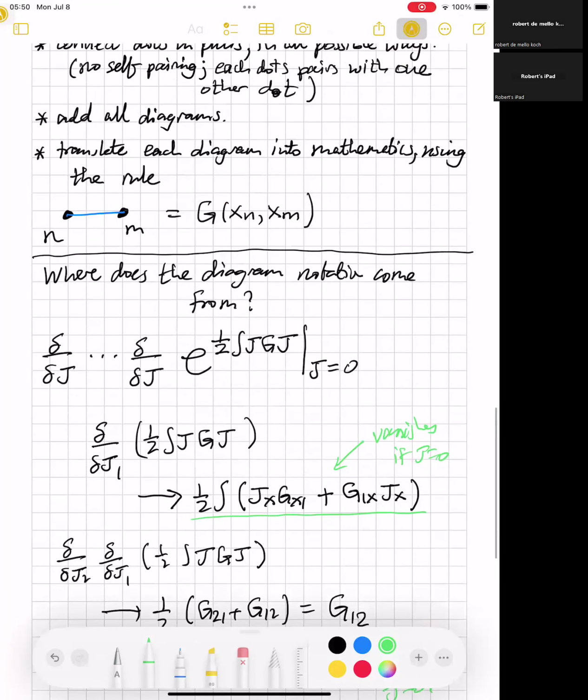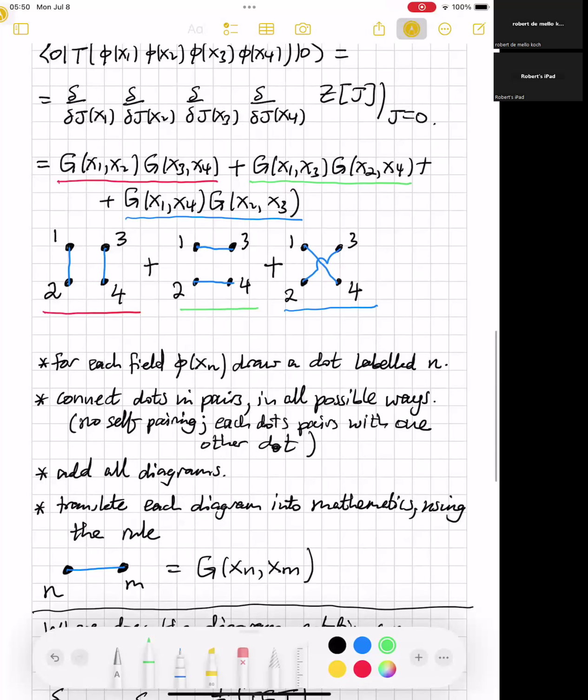And when we're drawing the diagrams, this diagram that's underlined in red tells us we'll pair the functional derivative at x1 with the functional derivative at x2, and pair the functional derivative at x3 with the functional derivative at x4. The term underlined in green is telling us to pair functional derivatives at x1 and x3, and to pair the functional derivatives at x2 and x4.